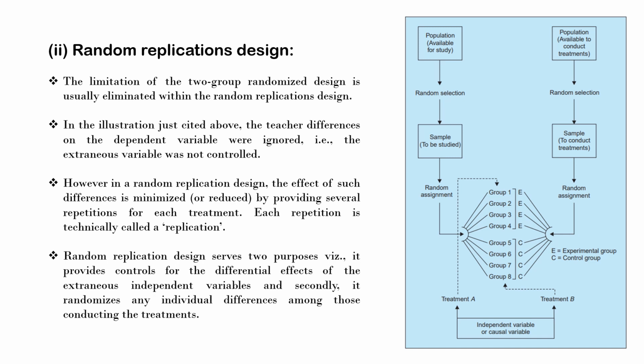Then we can apply two different treatments to the two major groups containing four minor groups each, or however many groups we want to divide into, because we are using the replication technique here.